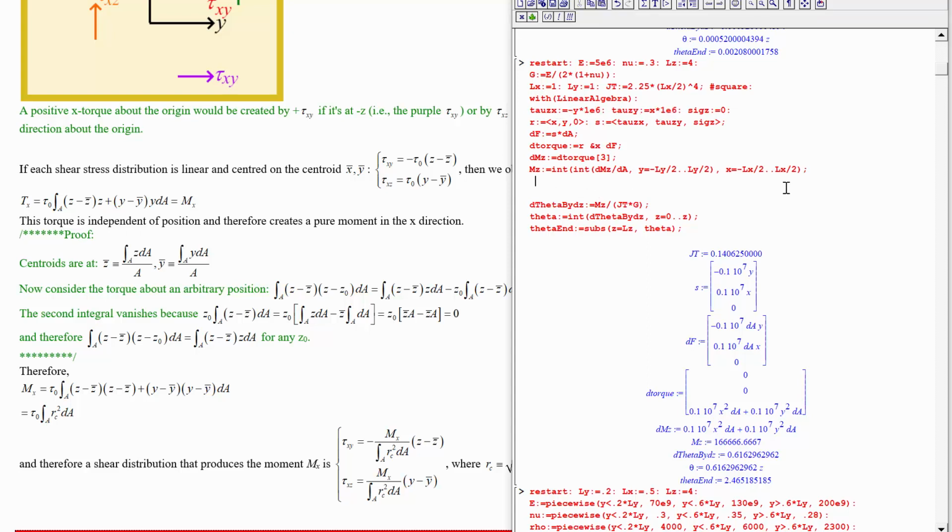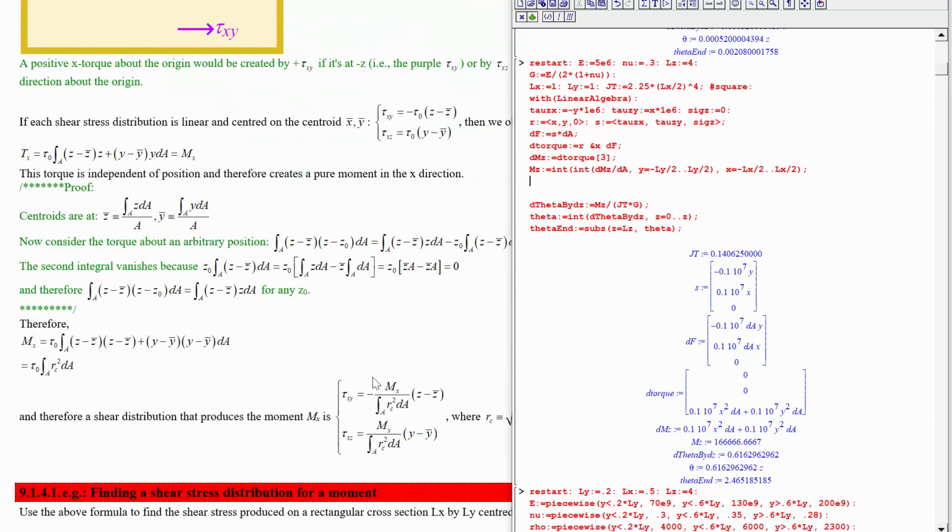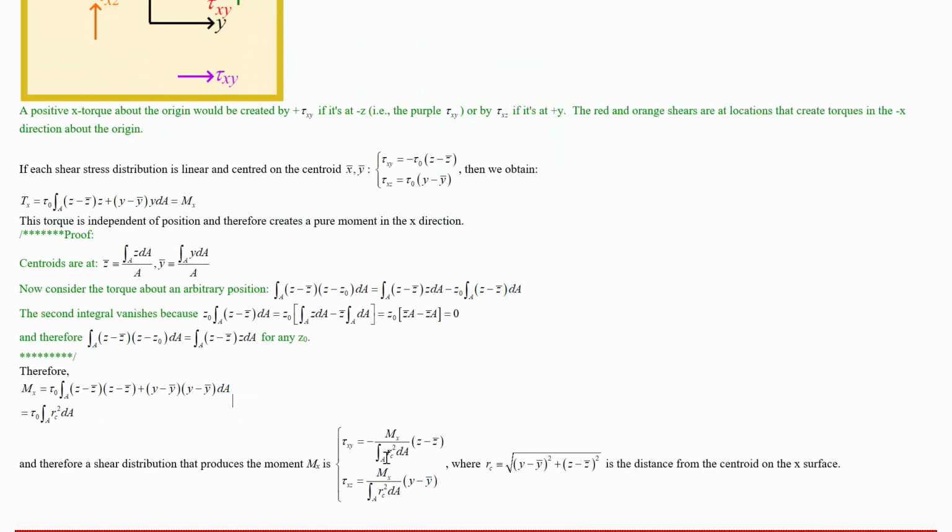So let's see what we would have calculated if we adapt this for use on the Z surface. So on the Z surface, what was Y is going to be like X, and what was Z is going to be Y, right? If we adapt this to a Z surface, we can write out what that is.